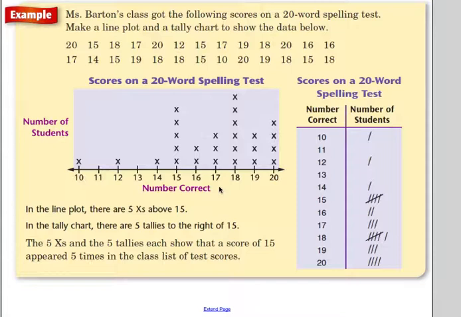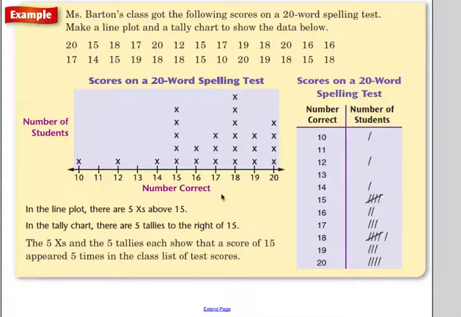This is helpful because we can just look at this line plot and it tells us many things. We can easily see right off the bat that the minimum score was 10. And we can easily see that the maximum score was 20, which helps us see that the range had to have been 10 because 20 minus 10 is 10. Max minus min equals range.